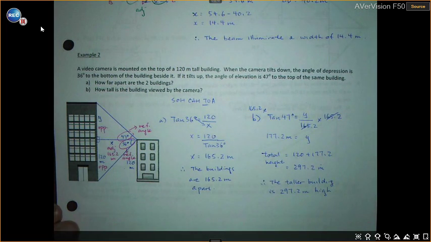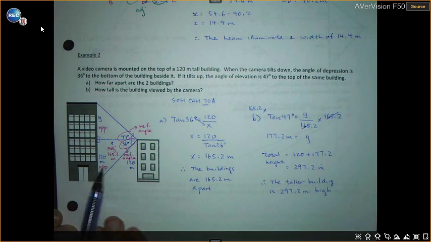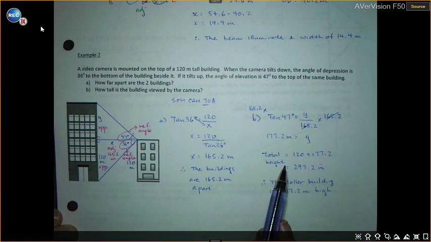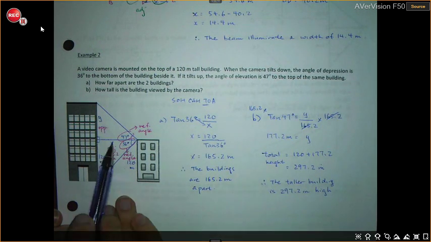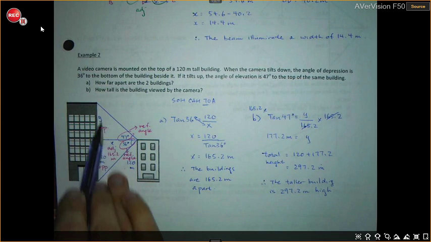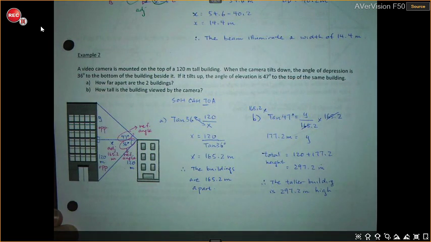So for this question, in part A you only need to use one right triangle, but in part B we need to use the information found in the first part to solve for the unknown side. Okay, and that's all for the lesson today.